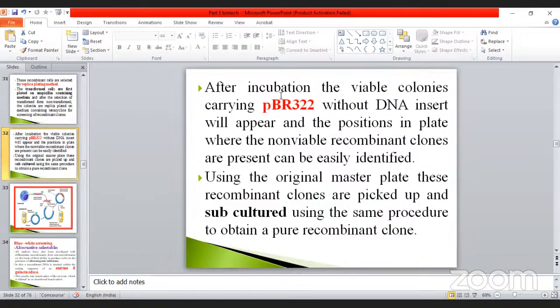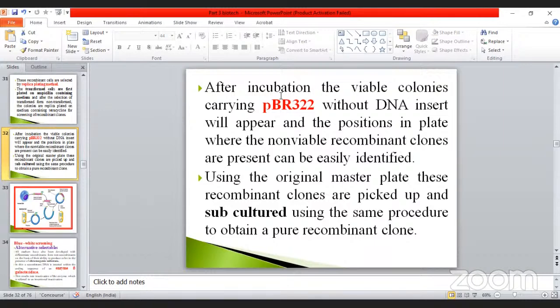After the incubation period, what will happen? The viable colonies can grow, isn't it? Viable colonies are alive in nature and take up nutrition from the agar medium or any other nutritive medium, and they will grow. Such colonies, such bacteria, carry pBR322 without DNA insert.